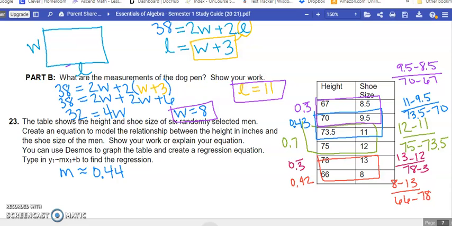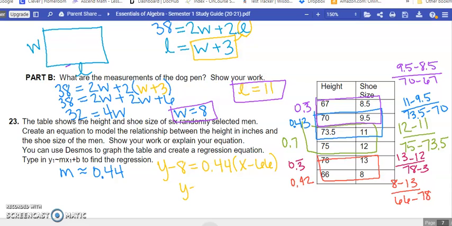And then what I would do is use one of your points and your slope to write your equation. So for example, I might just use this bottom point here, 866. And I would have y minus y1 is my slope, x minus x1.